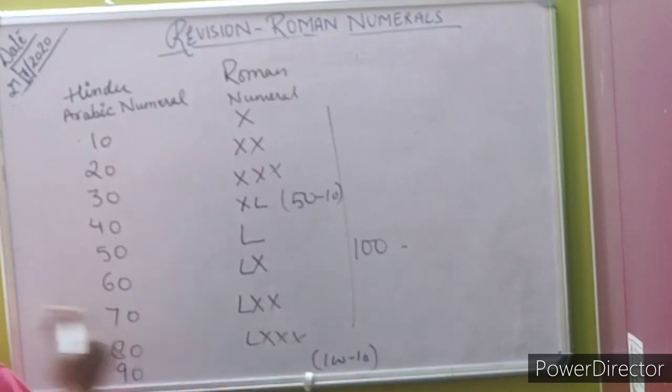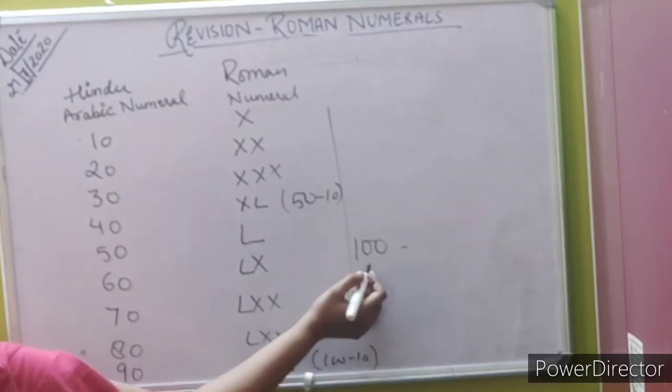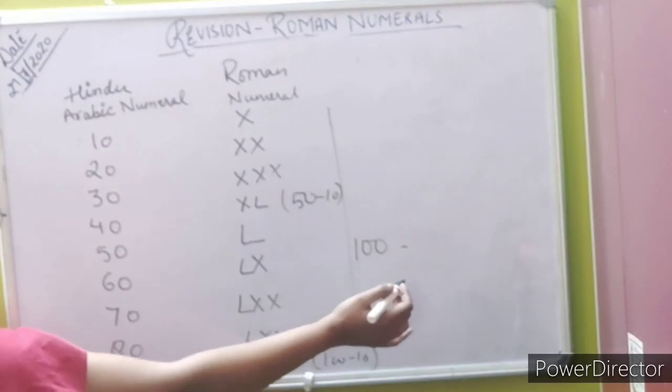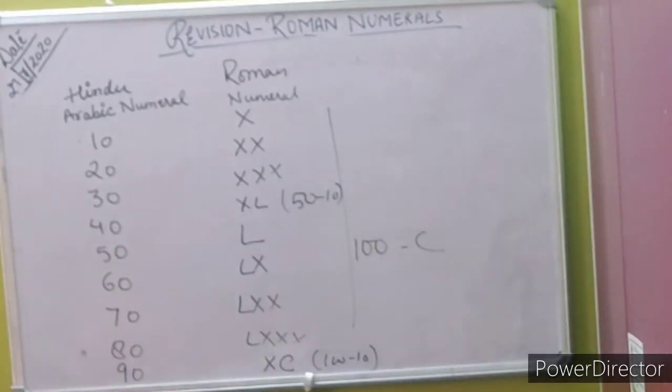So 100 stands for C, and the larger number is always written on the right hand side, and 10 stands for X. So C minus X is 90, XC, and 100 stands for C. Thank you class.